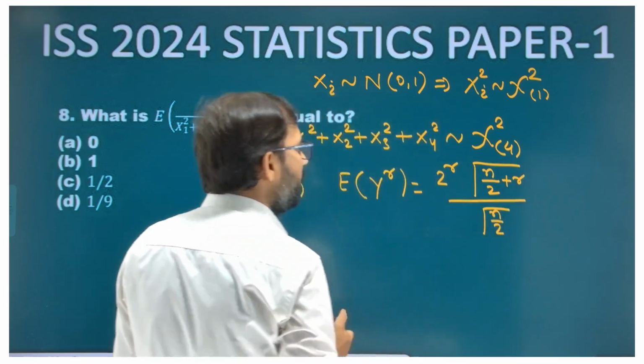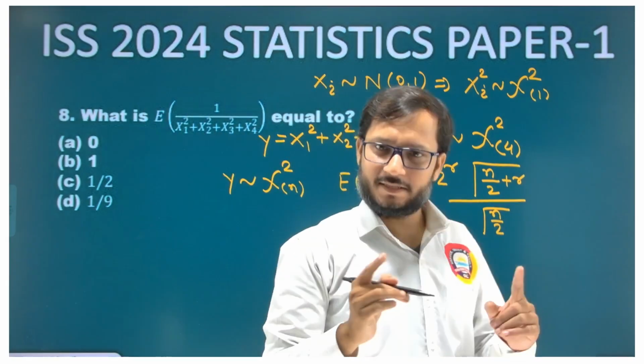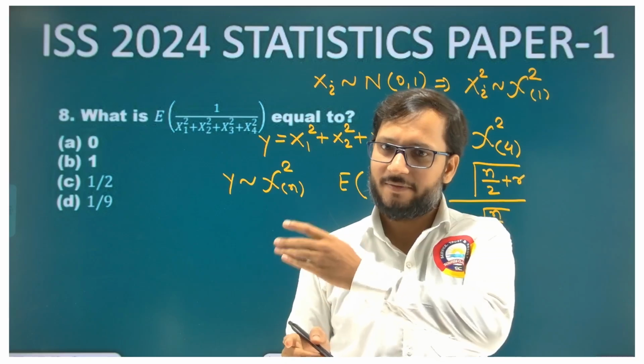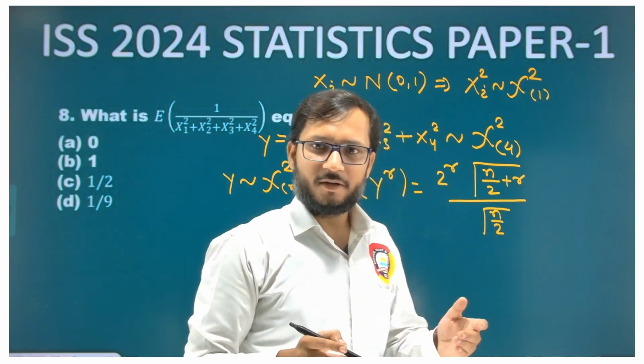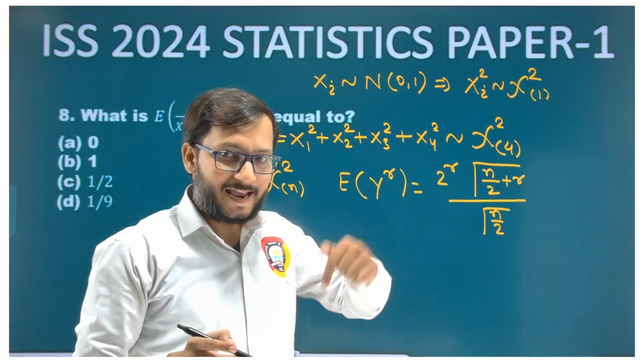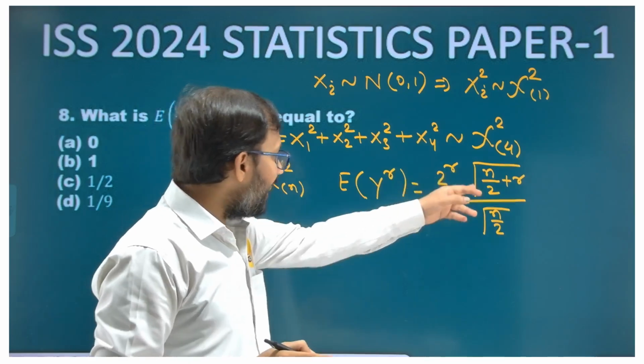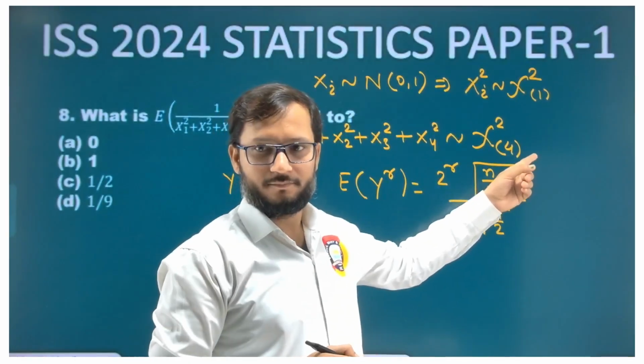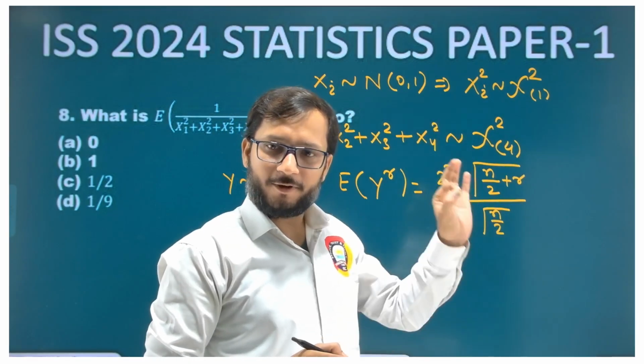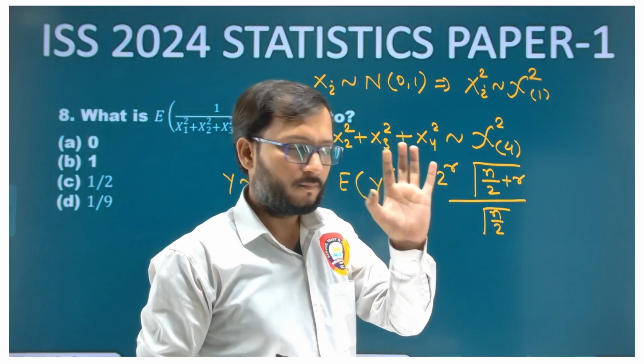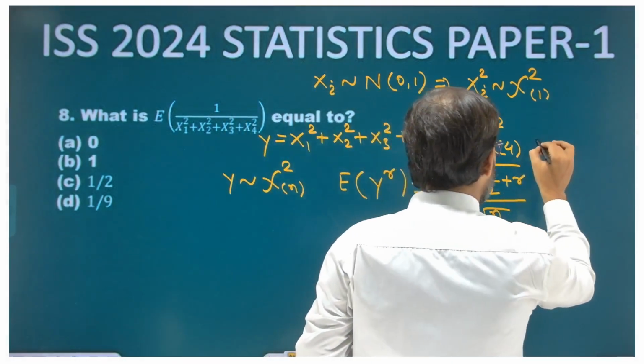Got the point? Here the value of n is already given as 7, x1, x2, x3, x4, x5, x6, x7. But this n is not that one. This n is actually this degree of freedom. So the value of n here is 4.